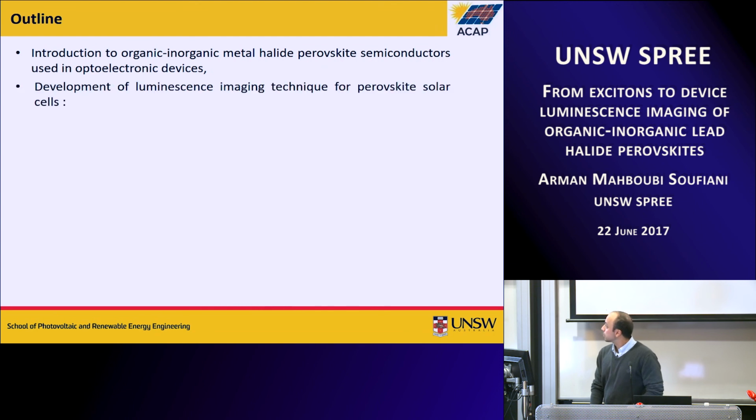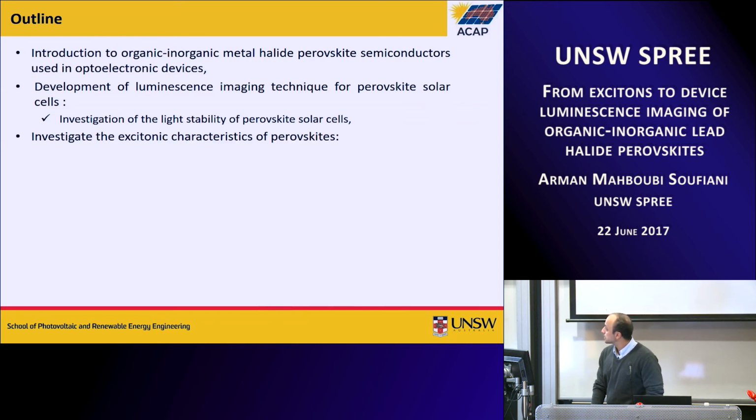Then talk about the development of luminescence imaging technique here, and I will focus on the investigation of light stability of perovskite solar cells. Then I will present some results on the excitonic characteristics of perovskites. By this, I mean the excitonic binding energy and reduced mass of these materials. And we'll look at the impact of microstructure on these parameters, and I'll briefly talk about polaronic effect in these materials.